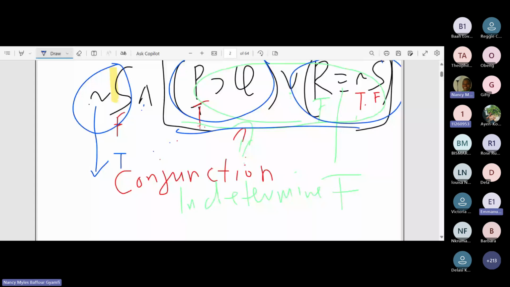No, we're not given. Do we know the value of R? No, we're not given. Thankfully, we know the value of not S. We can work it from the S that we were given. S was false on your screen now. So by that, we can know not S, which is the main formula here. Not S is what? True. So we are working with the true.